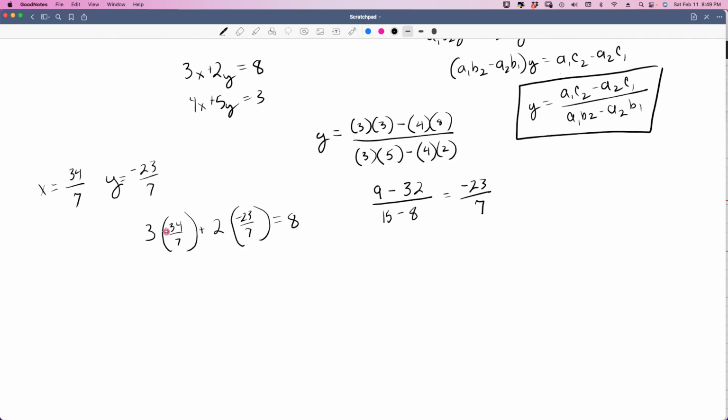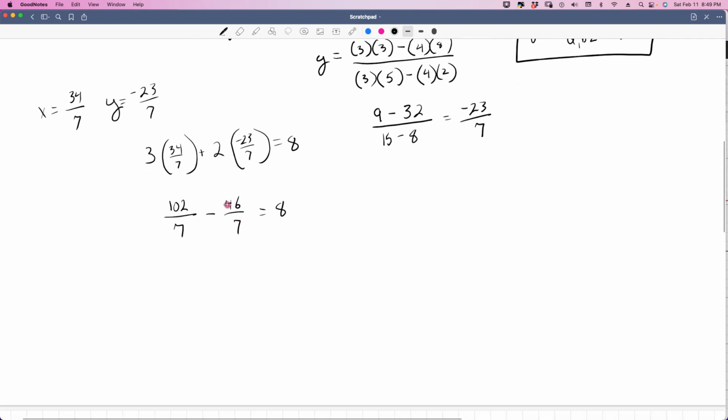So first of all, let's do 3 times 34. That'd be 90 plus 12. That'd be 102 over 7 plus, or I should say minus, 2 times 23 would be 46 over 7. All right, so 102 minus 46. Well, 100 minus 40 would be 60, right?